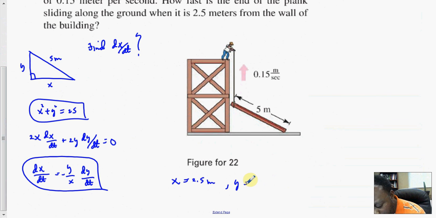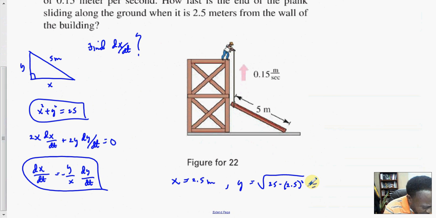So y is equal to the square root of 25 minus 2.5 squared. And on your calculator, that comes out to be 4.33. And this is in meters.